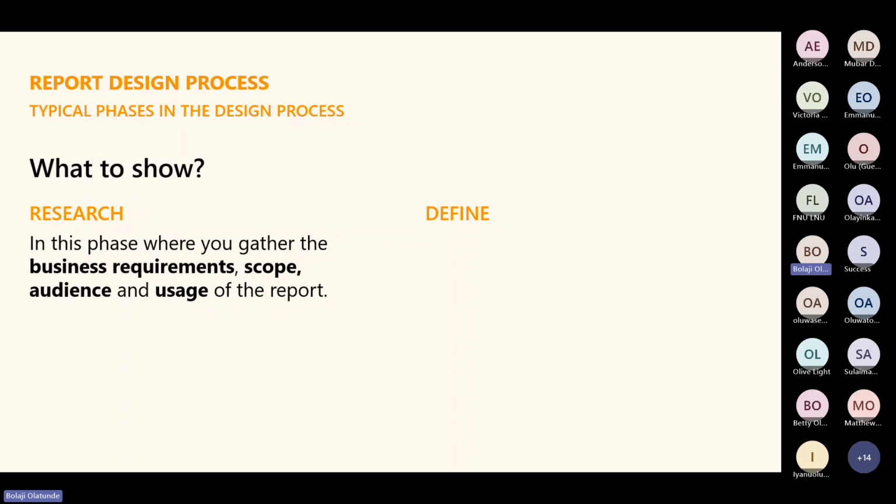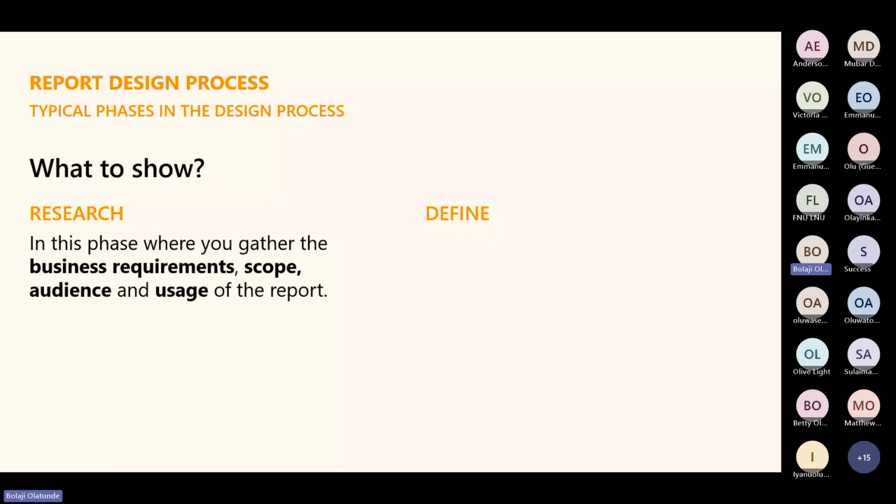Now, if the primary way a report is going to be consumed is by email PDFs, a snapshot of the report on the service, you don't want to include interactivity. You don't want a slicer in the report because how do I interact with it?